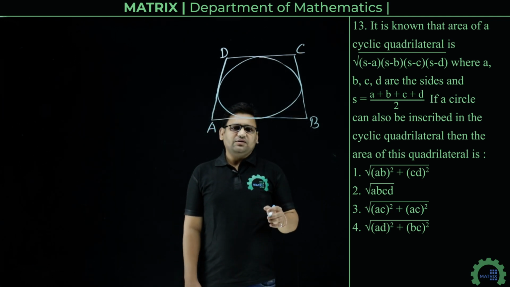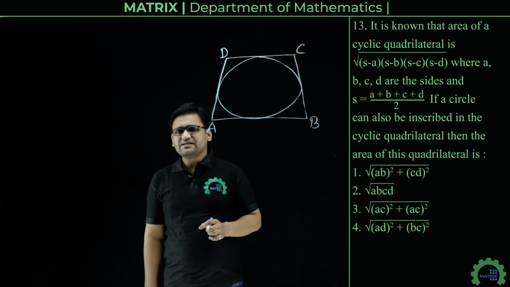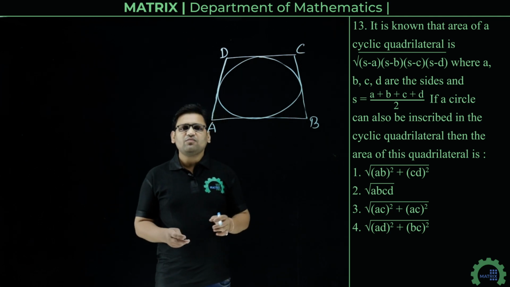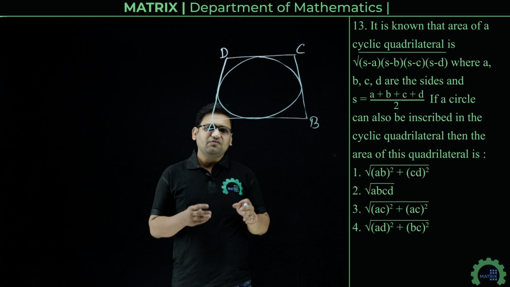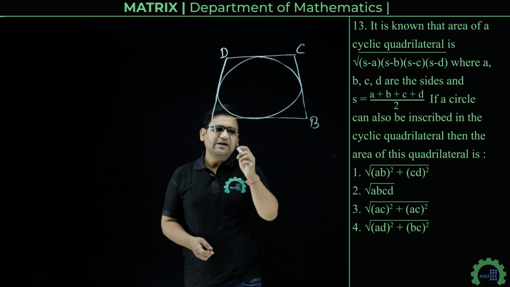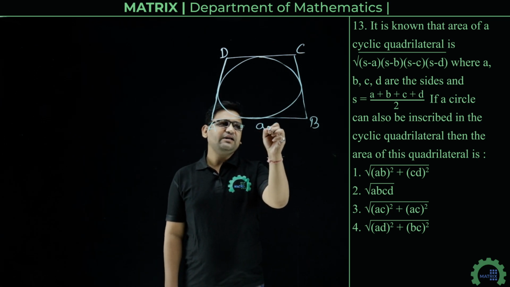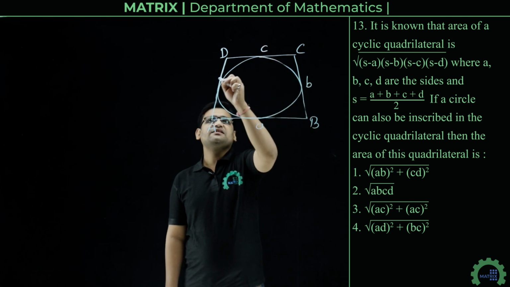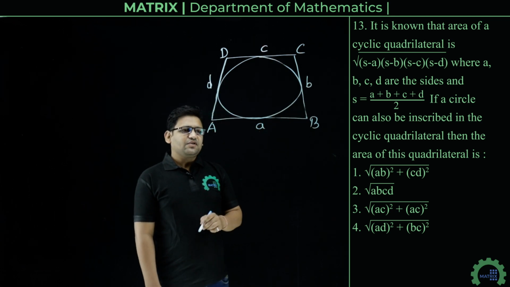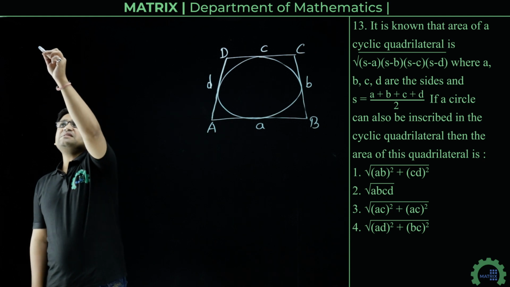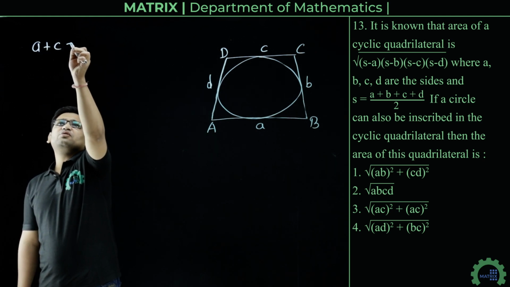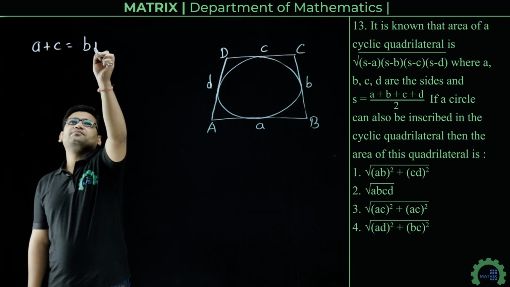Alright, so we know that when a circle is inscribed in a quadrilateral, then the sum of opposite sides of this quadrilateral will be equal. That is, if the side length AB is small a, this is small b, this is small c and this is small d, then we can write that a plus c will be equal to b plus d.